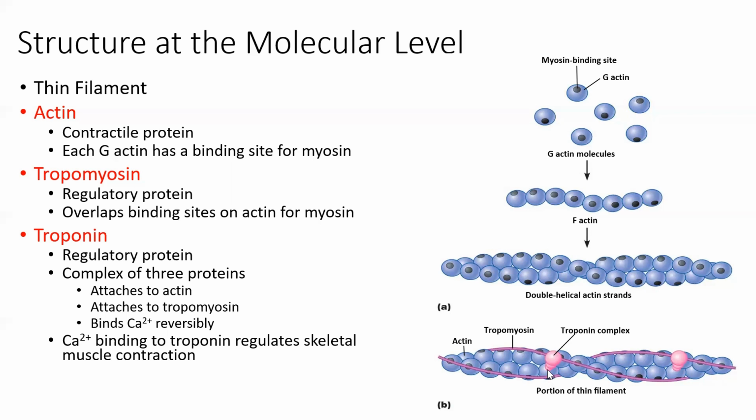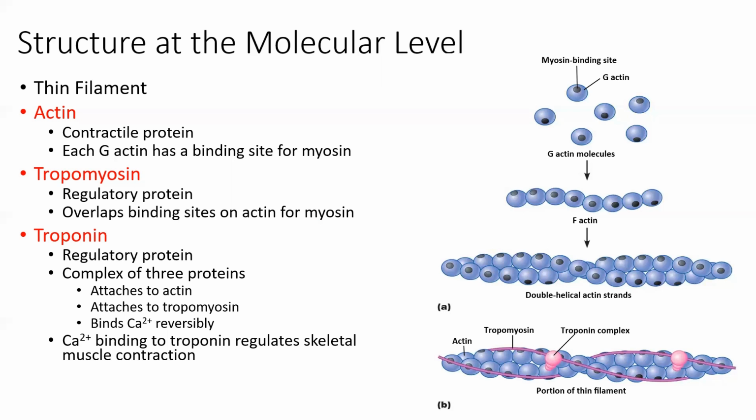The structure that is closely adhered to actin is the actin-binding protein of this complex. The second protein in the complex, the one in the middle, attaches to tropomyosin. And then the third protein is what binds calcium reversibly, okay? So calcium is also playing a vital role in regulating muscle contraction.